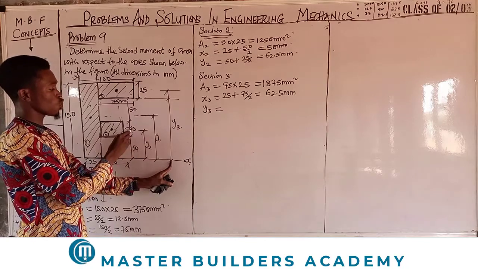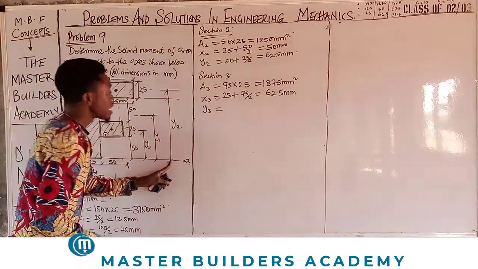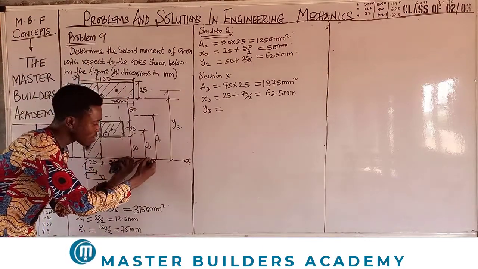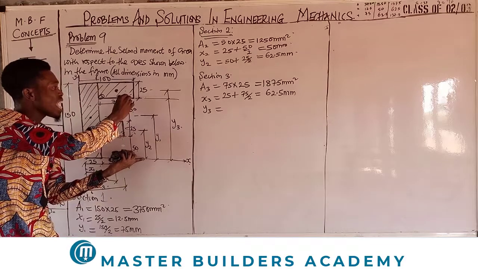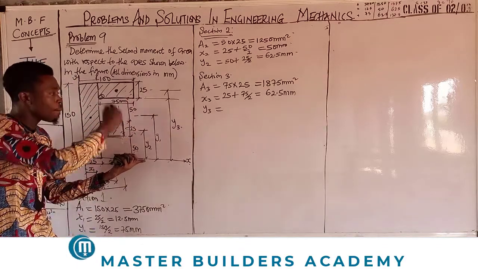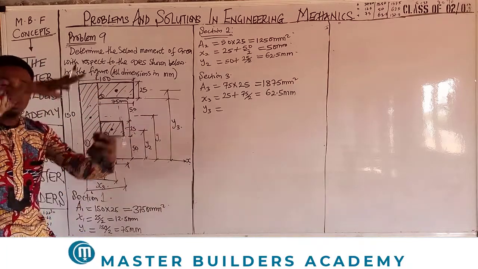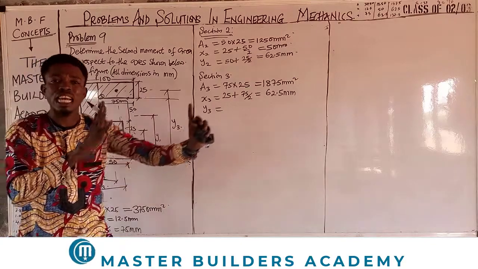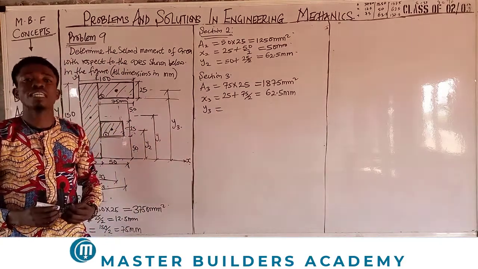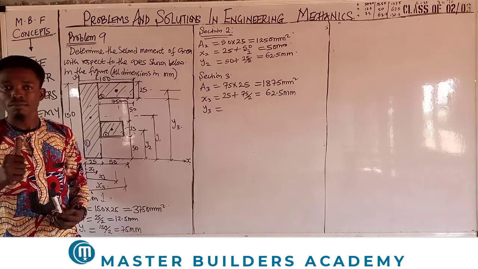So 50 plus 25 is 75, and 75 plus 50 is 125. That means the gap between this reference line at the bottom and the bottom surface of section 3 is 125. That 125 will be noted first before you consider half of the vertical distance of section 3.